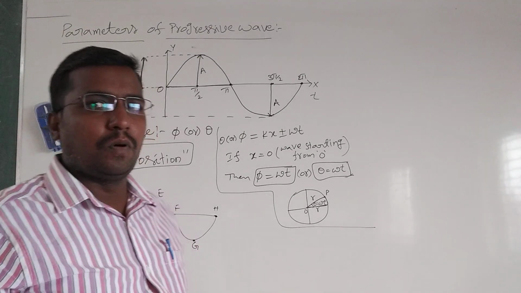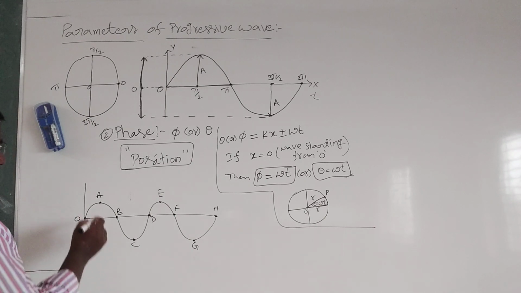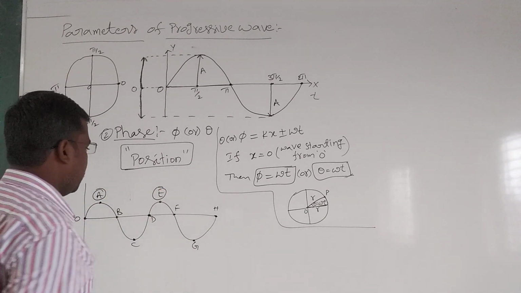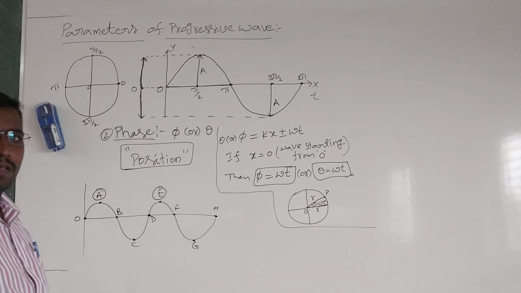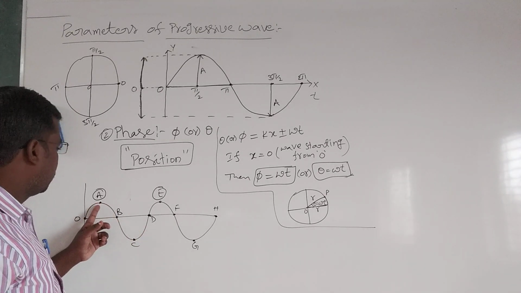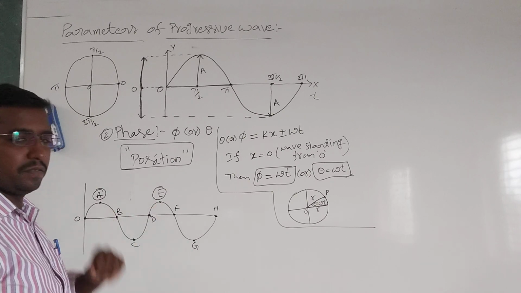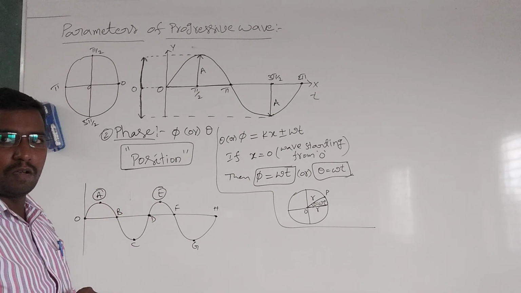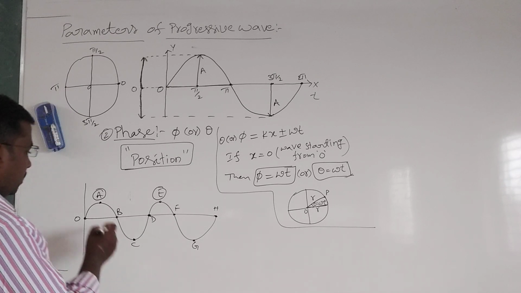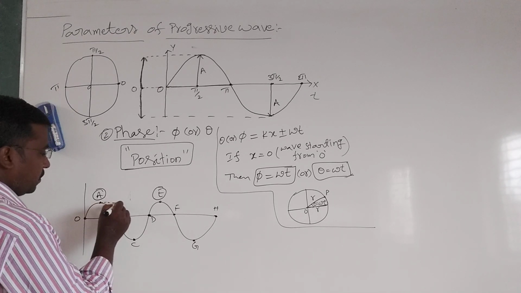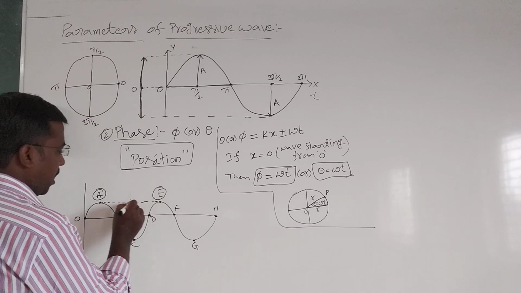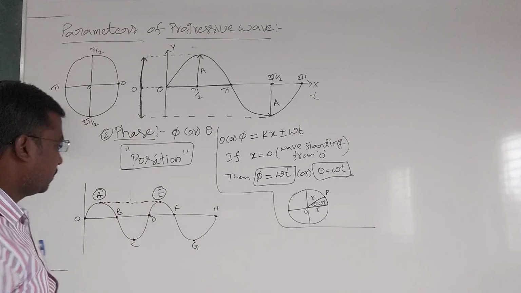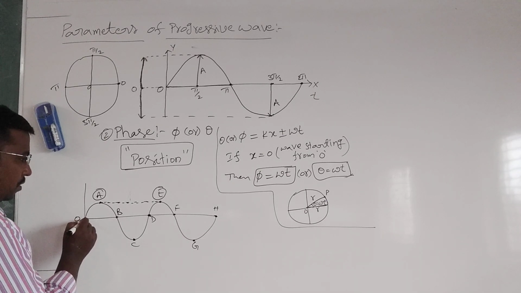Okay, so in these points A and E, we have to say are in same phase. What do you say? Same phase, because they are having same maximum amplitude points.